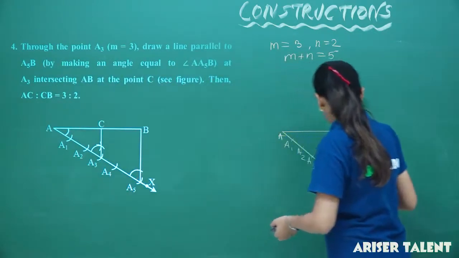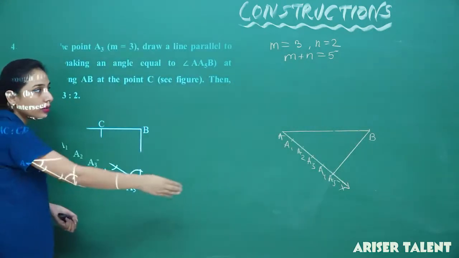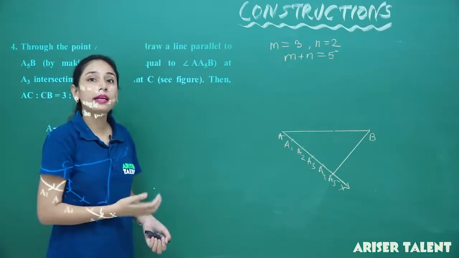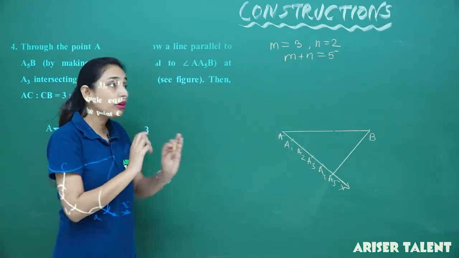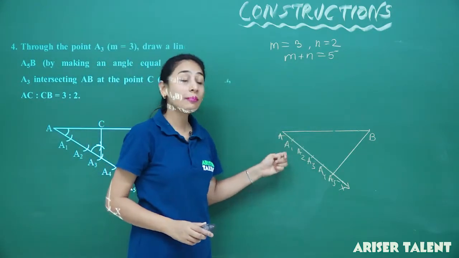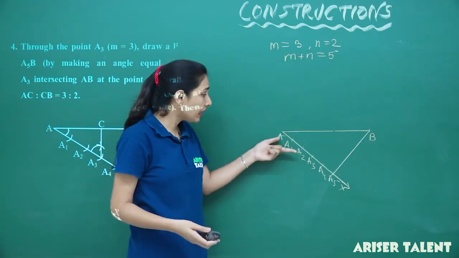This is like A5B. Now you will tell me, ma'am, this line is straight here, and you have drawn a line which is not that straight. There is no difference. You can make these 5 segments as large as you want, with any radius.